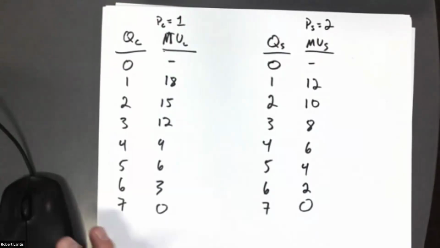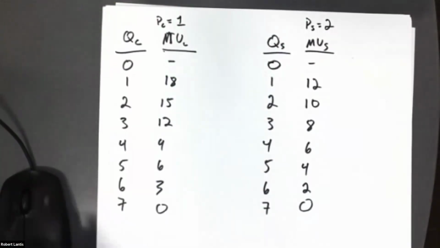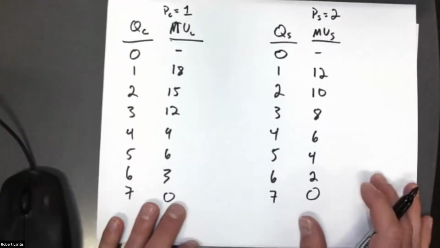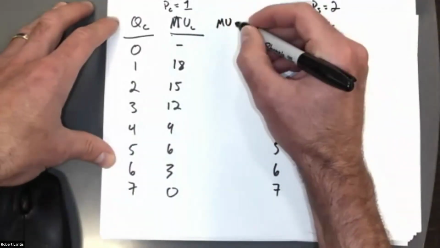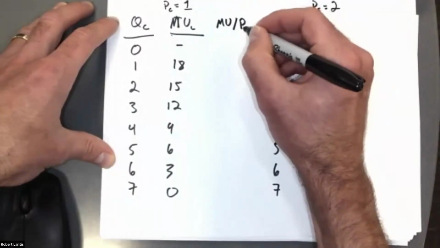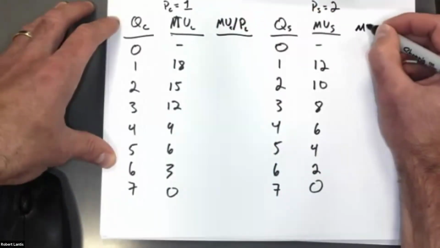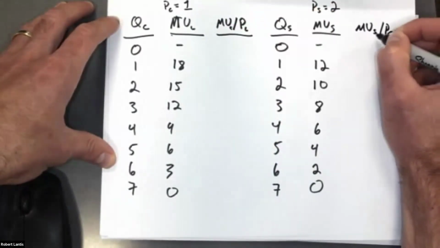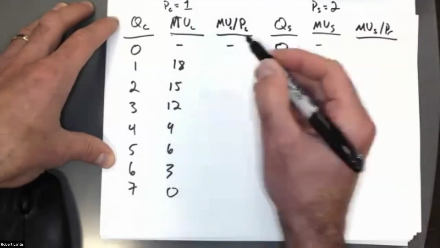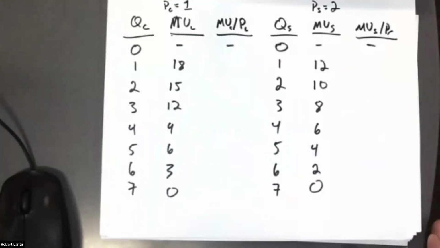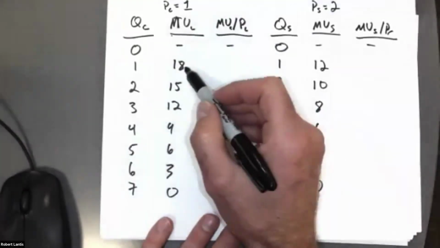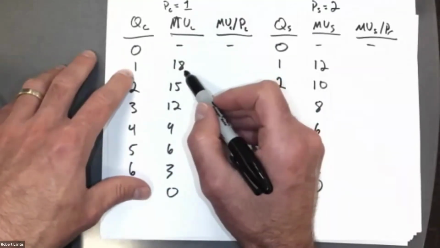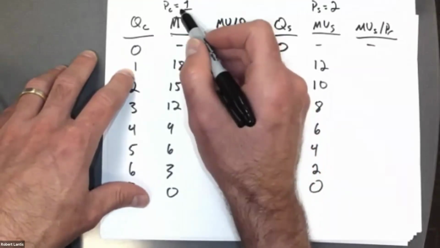Okay. So the columns that I would need to build for myself in order to make this optimal decision, right, for the consumer, is we know that they should be comparing the marginal utility per dollar they're spending on both goods, right? So if I have a quantity of 0, that doesn't really exist, right? Not buying any, I have no marginal utility. At that first bag of chips, what's the marginal utility per dollar? Well, this is an easy one.